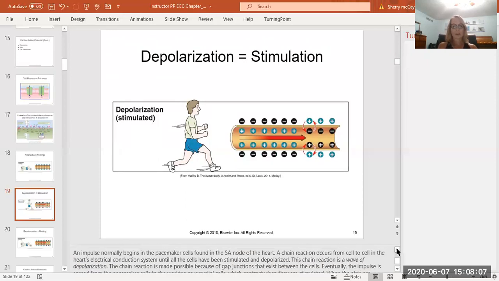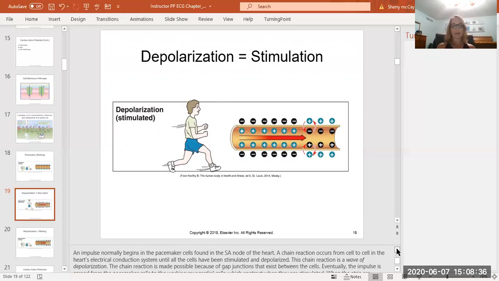An impulse normally begins in the pacemaker cells found in the SA node of the heart. Okay? A chain reaction occurs from cell to cell in the heart's electrical conduction system until all the cells have been stimulated and depolarized. Okay, they all are going to get depolarized and stimulated. This chain reaction is a wave of depolarization.